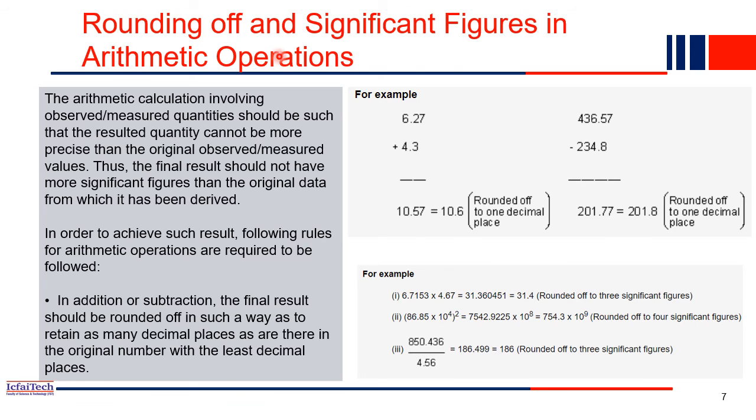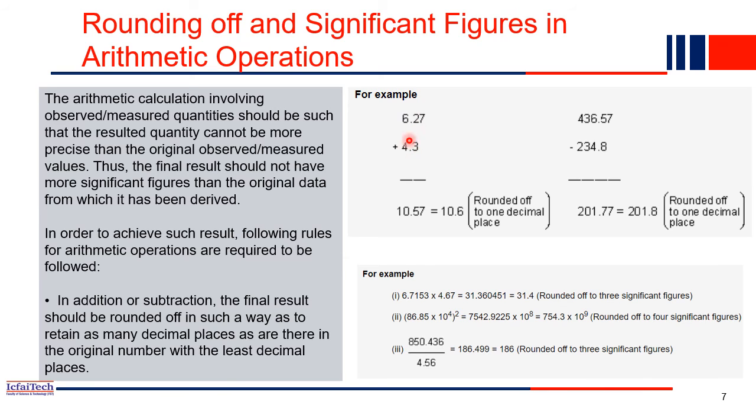So the next topic is rounding off and significant figures in arithmetic operations. Once we do the operations, because in the field you will find some length, as I mentioned in the earlier slide also, some length may be 6.27 meter, some length may be 4.3 meter. If you add them, this has 3 significant figures, whereas this number has 2 significant figures.